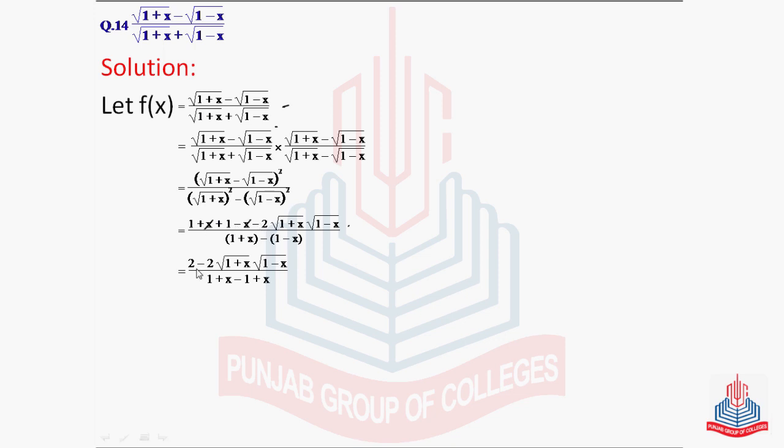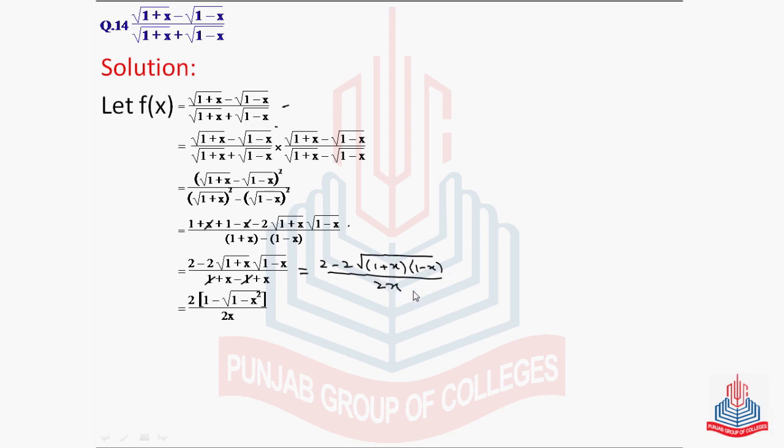1 plus 1 will become 2, minus 2 times √((1+x)(1−x)), and in the denominator 1 + x − 1 + x. This plus and minus 1 will be cancelled out, so it becomes 2x. In the numerator, 2 can be taken as a common factor, so we have 2 minus 2√((1+x)(1−x)) divided by 2x.